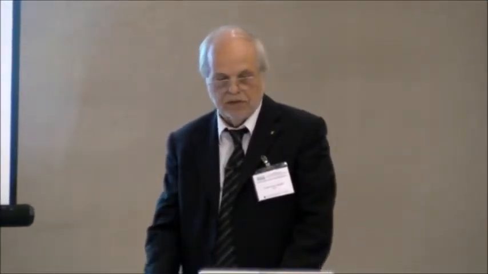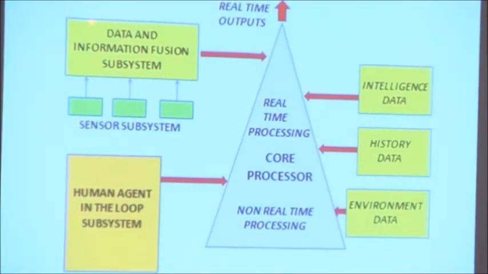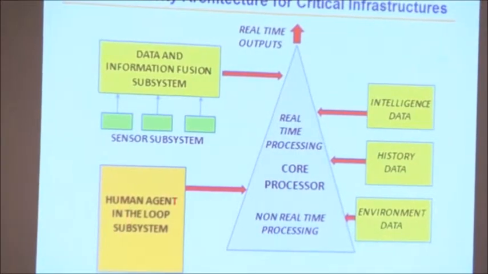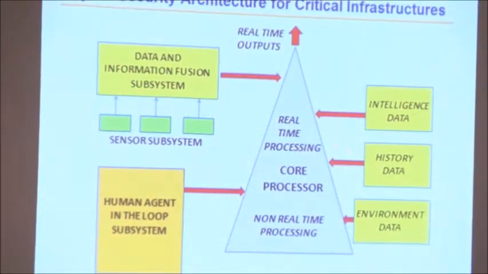One system that has been designed to make this work, to control the security of the critical infrastructure, is this one. As you can see, we have here a fusion of sensors, human in the loop, intelligence data, which are human data, history data, this is big data, environment data, and so on.